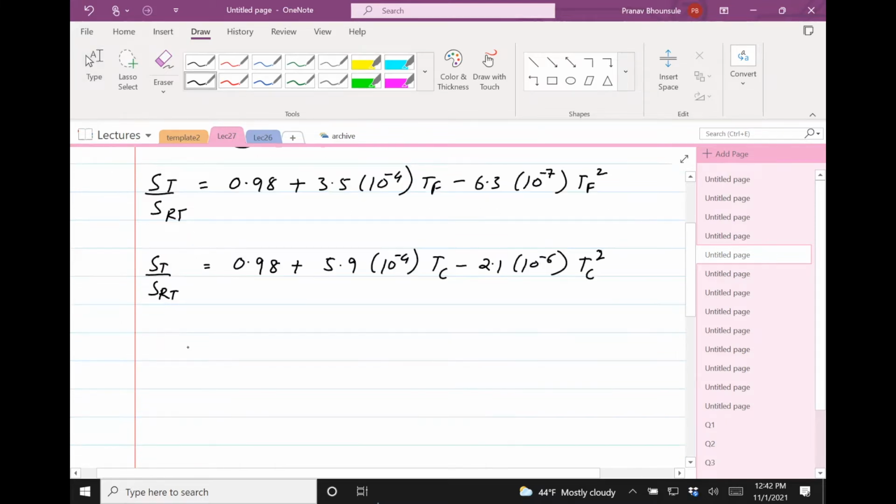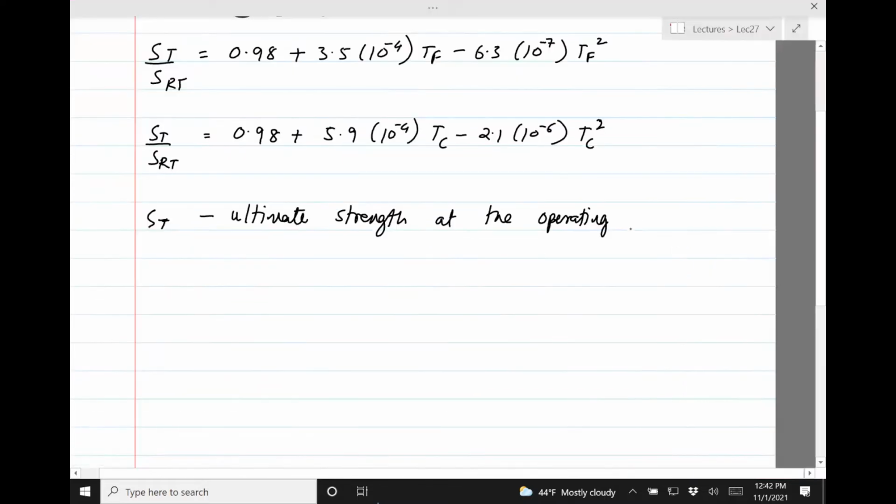ST is the ultimate strength at the operating temperature, and SRT is the ultimate strength at room temperature.